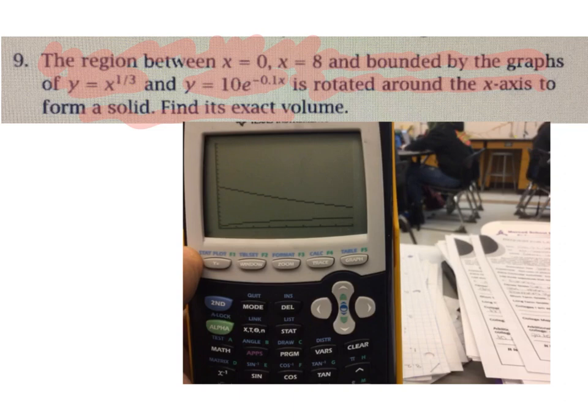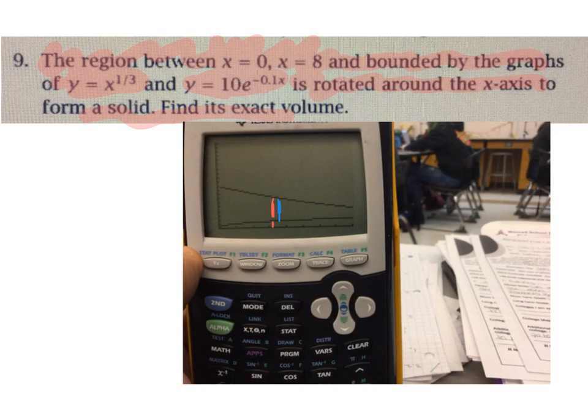We are pretty much dealing with the top function minus the bottom function. Oh, wait, are we doing this around the x-axis? Yeah, around the x-axis, in order to get this radius.